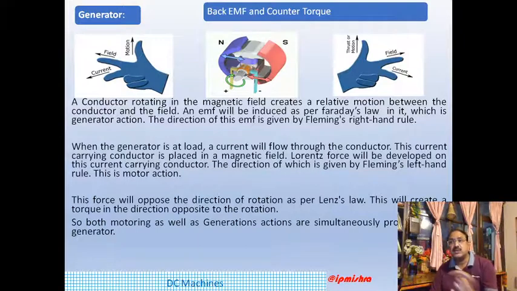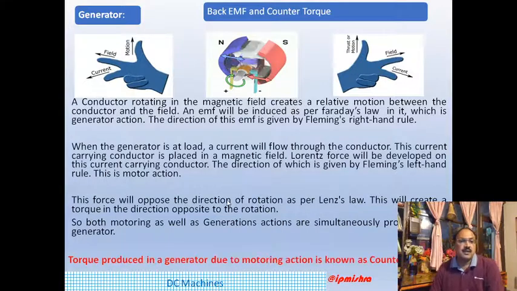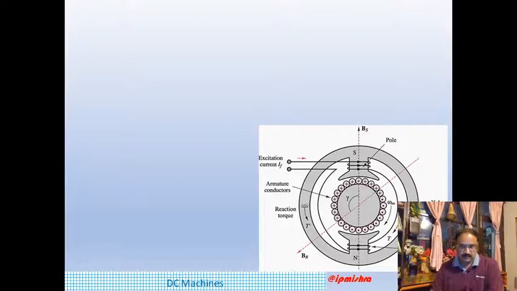Means this force which is developed due to some cause, it will oppose that very cause due to which it has developed. This force will create a torque in the direction which is opposite to the rotation of the rotor of generator. So both motoring as well as generating actions are simultaneously produced in the generator. Torque produced in a generator due to motoring action is known as counter torque.